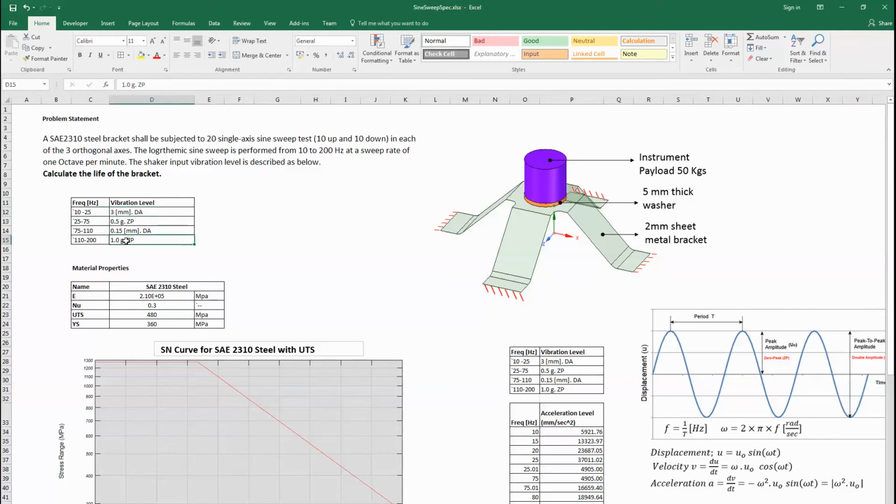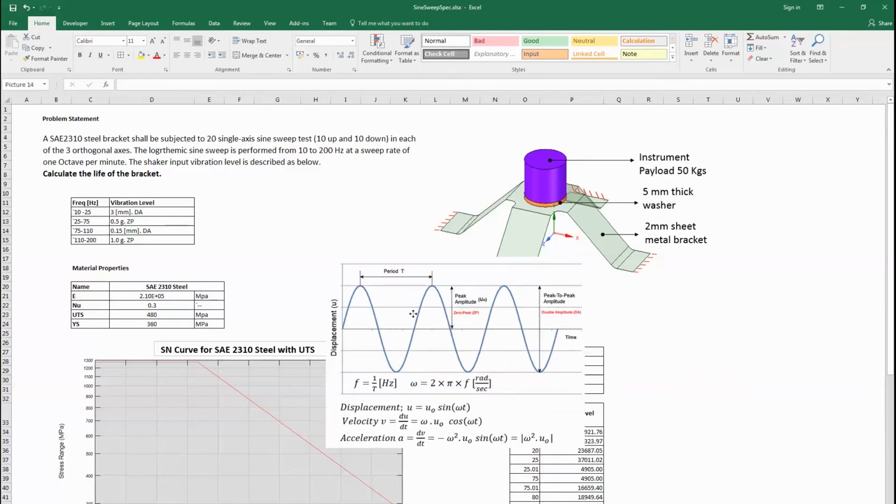But at a higher frequency, to meet a particular acceleration level, the amount of displacement we may need is very minimal, so it is very difficult to measure. So it's a common practice that at higher frequencies we specify the vibration specification in terms of acceleration.